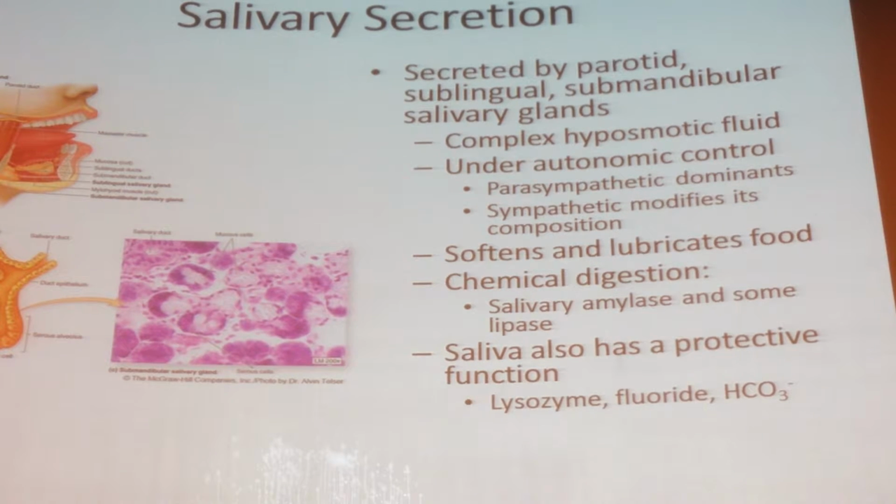So it's a very, very active gland, and normally they generate hypoosmotic fluid, which means they have room for solutes to come in, be dissolved, and go to the GI tract. They are heavily regulated by the autonomic nervous system, almost entirely, especially the parasympathetic nervous system.